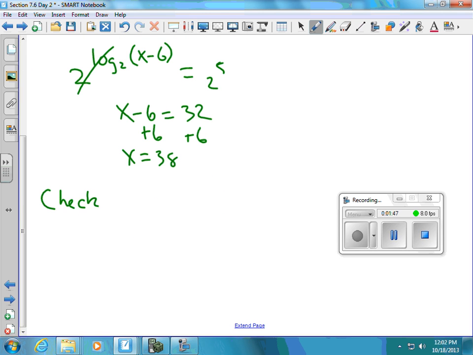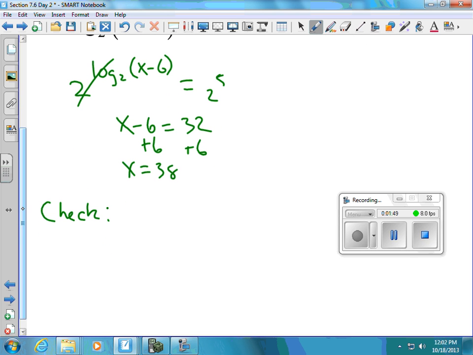So I check. When I plug in for x, log base 2 of 38 minus 6, I get log base 2 of 32. Does that equal 5? We want to know if it equals 5. And when we plug that in our calculator, it's 2 to the 5th power, 32.